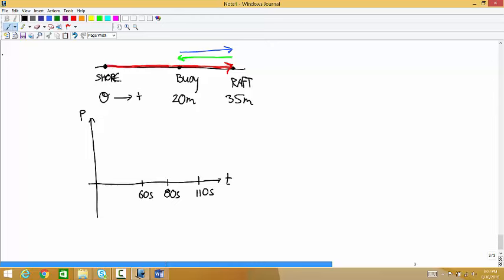And now we can just read the position values off of this drawing. At 0 time, the swimmer is at position 0. At 60 seconds, let me write these numeric values on here. So there's 20. There's 35.